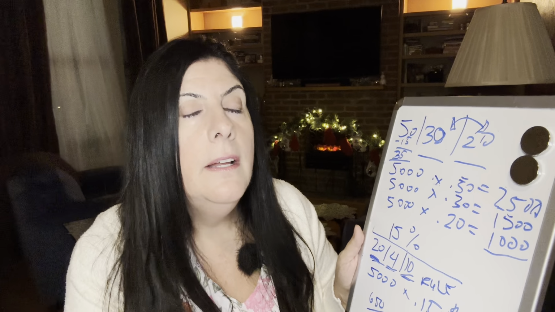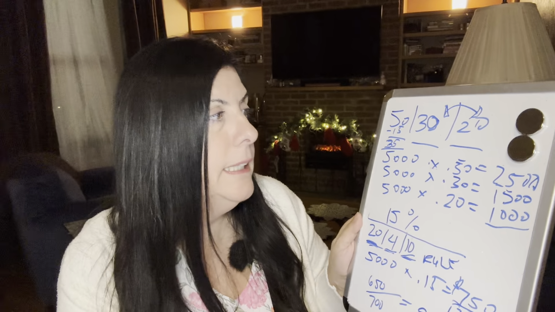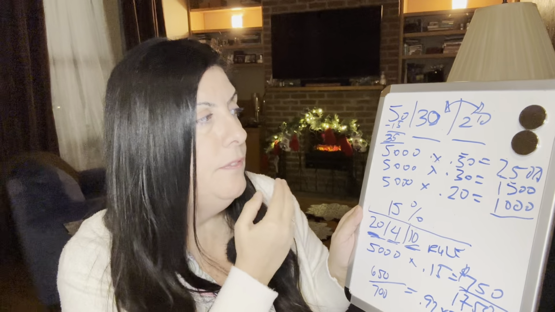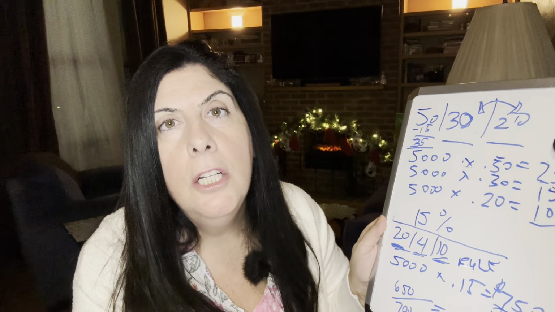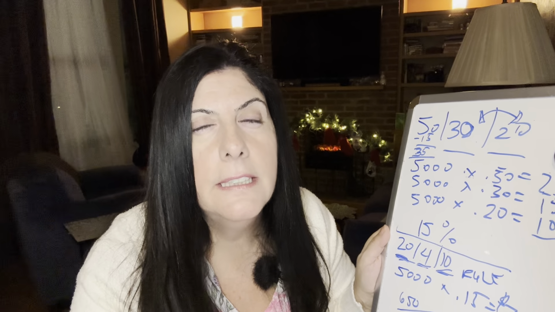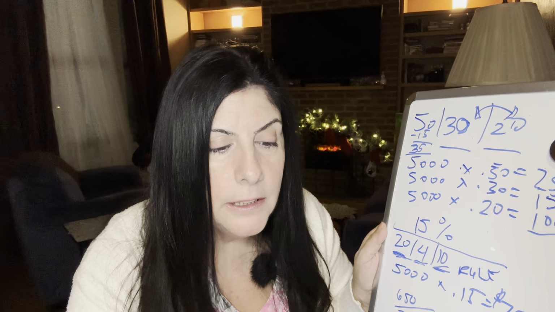So you'd say, geez, I'm making $5,000 a month, no more than 50% of my money should be split between all the needs categories. So you use it as sort of a pre-budgeting tool.